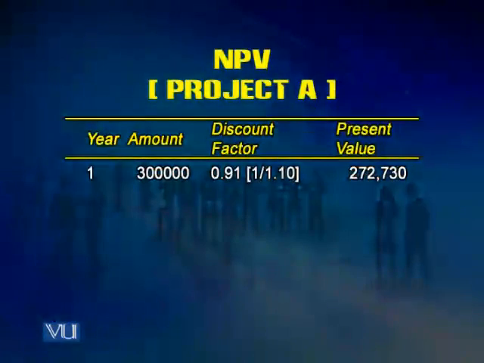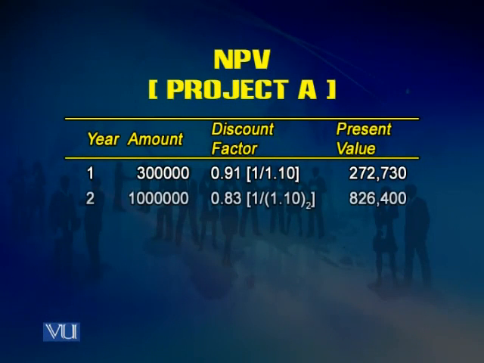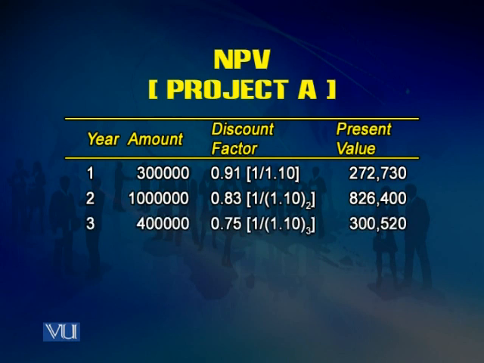So the discount factor for year 1 is 0.91, which is calculated as 1 over 1.1. The discount factor for year 2 is 0.83, and the working is shown there, and the discount factor for year 3 is 0.75.